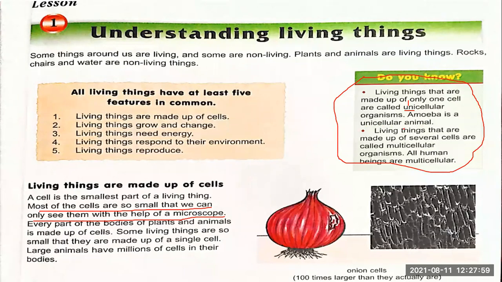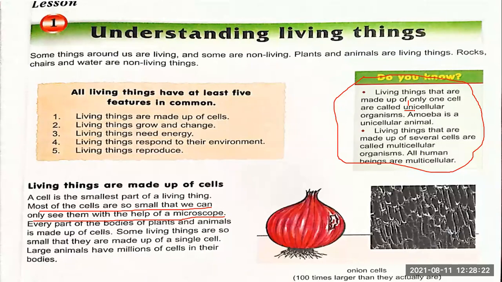Living things that are made up of several cells are multicellular organisms. All human beings are multicellular. Human beings are multicellular.